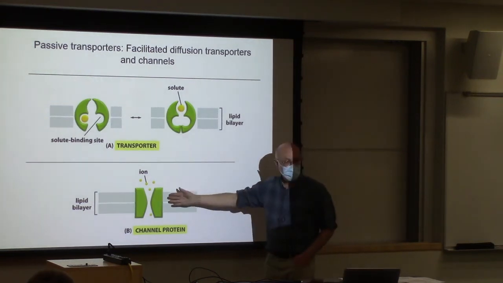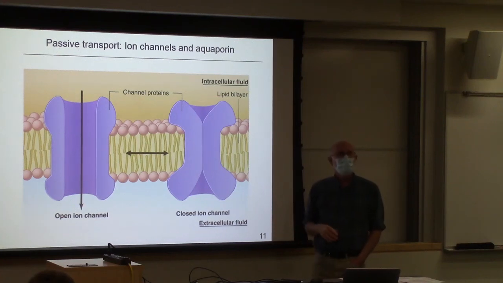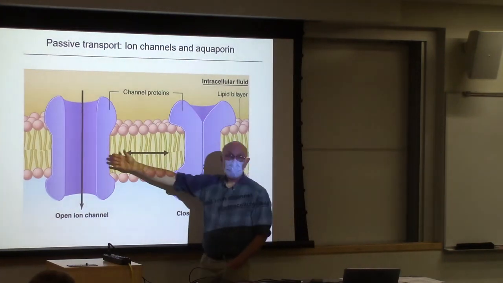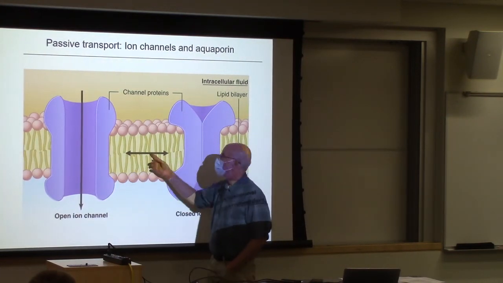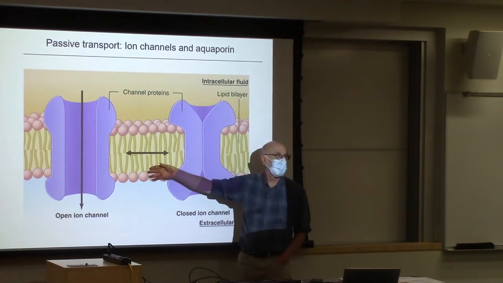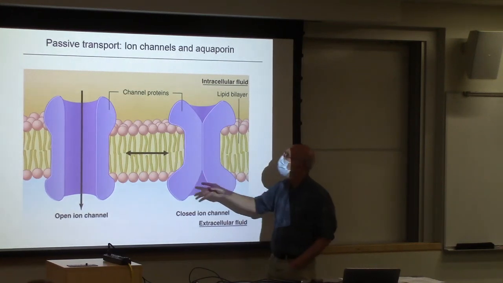Ion channels, let's go to the next slide. Ion channels also have conformational changes. They go from closed to open conformations. This is protein conformational change. Here's the lipid bilayer cartoon in case any of you were confused by my earlier statements.